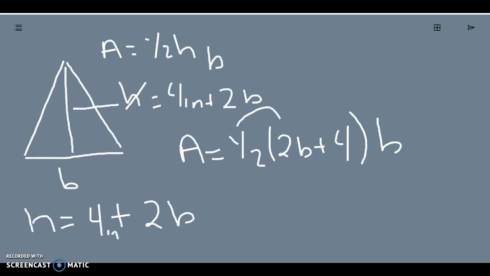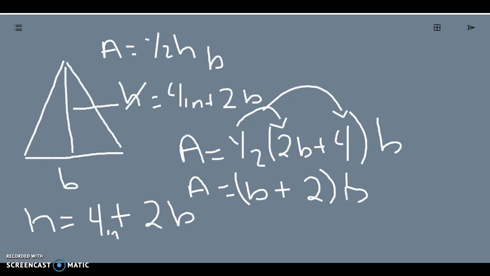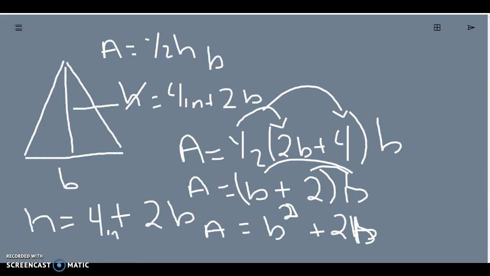I'm going to multiply this 1/2 through first, and I get b, because 1/2 of 2 is 1, plus 2, still all times b, distribute that b through, and I get b squared plus 2b. So there's my new function for the area of this new triangle, b squared plus 2b.